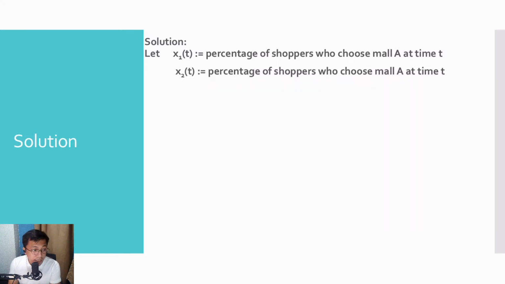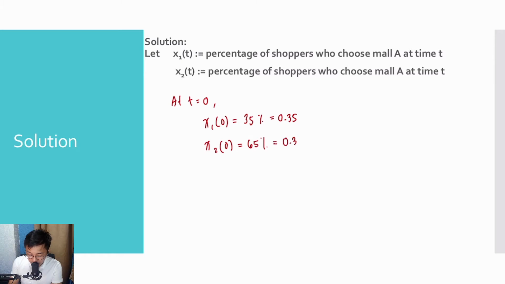We define first the initial state vector, or the initial value of these two. At time equals 0, we note from the given that there are 35% of the shoppers in Mall A, and for Mall B, there are 65% of the shoppers, or 0.65.